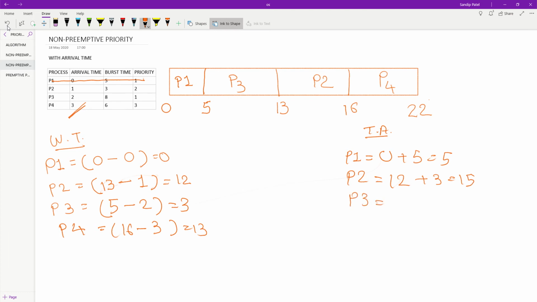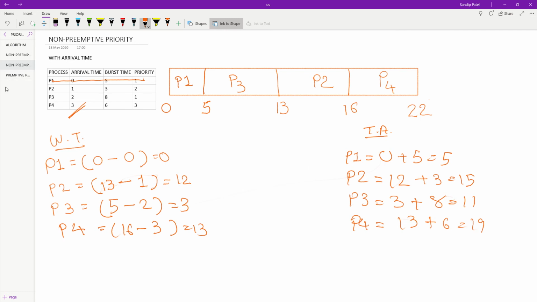For P3, waiting time is 3 and burst time 8, so it's 11. For P4, waiting time is 13 and burst time is 6, so it's 19. So here you have the waiting time and turnaround time for each process, and you can easily find the average waiting time and turnaround time. I'm not doing that right now.